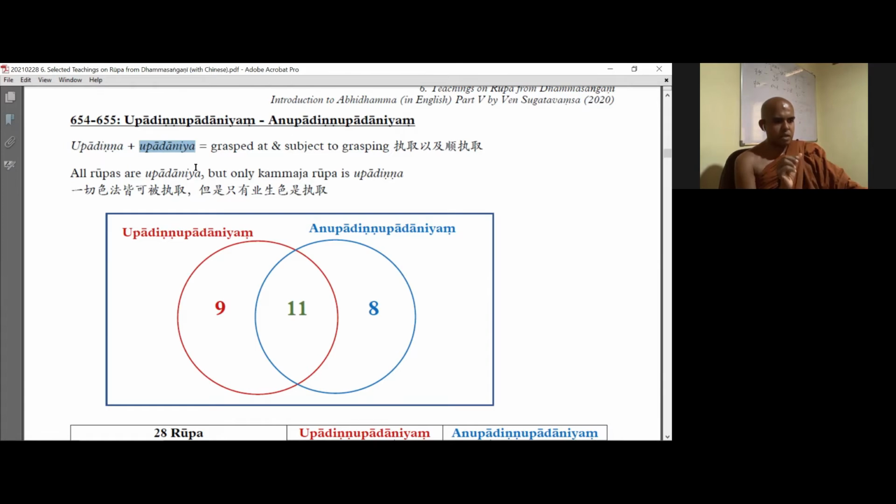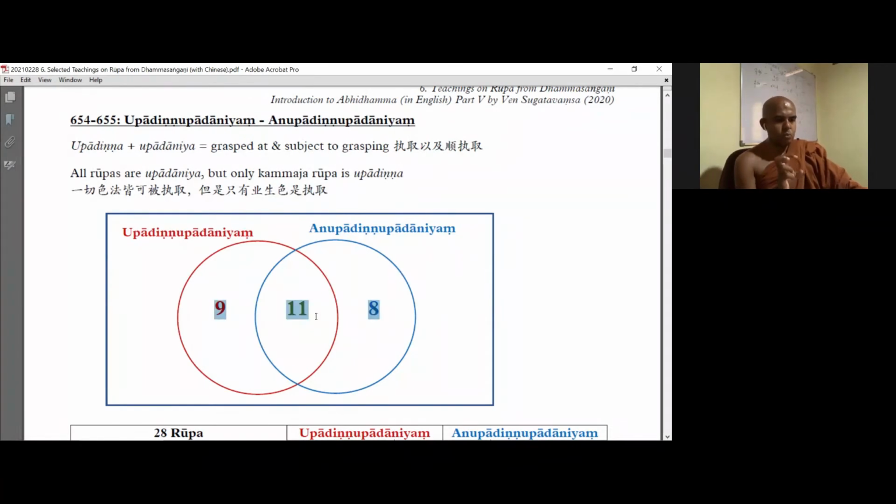Upadinna upadaniya means grasped at and subject to the grasping, meaning only karma born rupa is upadinna. Upadinnupadaniya means there are 20 types of rupa: karma rupa, karmaja rupa, karma born rupa.